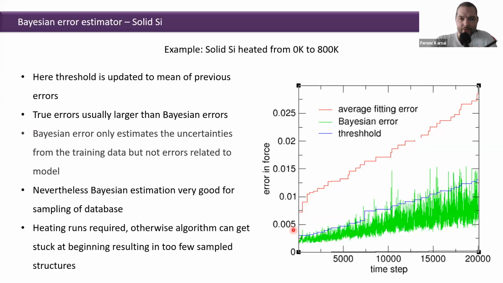And the blue values are the thresholds for the learning. Here, the thresholds are calculated as the mean of the Bayesian error for the last 10 steps where ab initio calculations were carried out. As a consequence, one can see that the thresholds sometimes somehow follow the Bayesian error here.